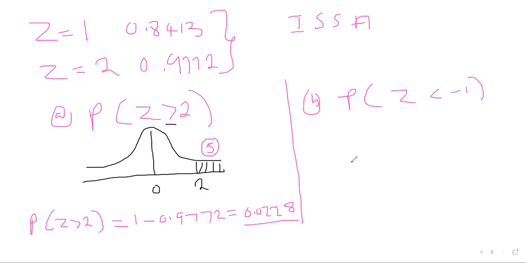Let's go to this other one. Illustrate. Where is -1 based on the 0, on the left or on the right of 0? On the left, because of the negative, right? And we put our divider. Where are we going to shade, the left or the right?